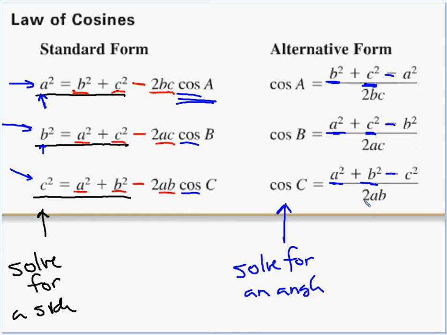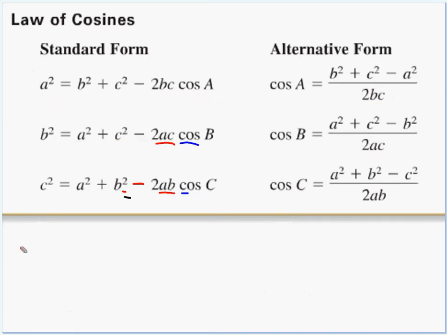And then the denominator is 2 times these sides that were added upstairs, b and c, bc, ac, ac. You see the pattern. So again, depending on if we want to solve for a side, we use the standard form. If we're solving for an angle, we might want to use the alternate form.